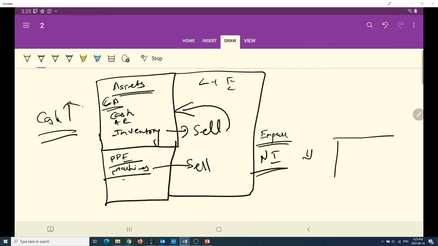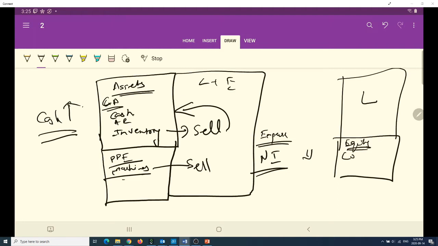And in the equity, you have some sort of common equity. And you're using your cash balance to buy back some of that equity. Okay, so that means cash balance goes down right away. So that's question 8.